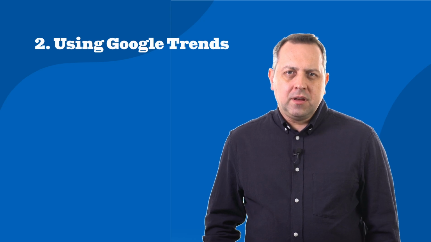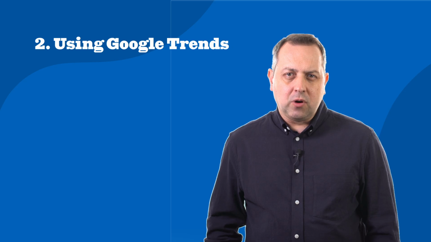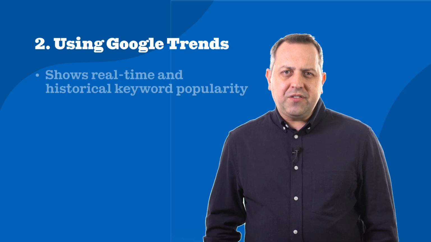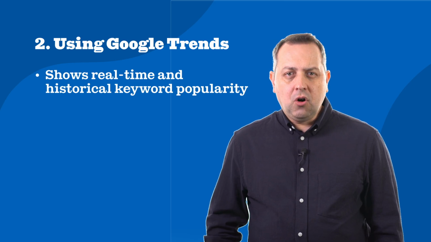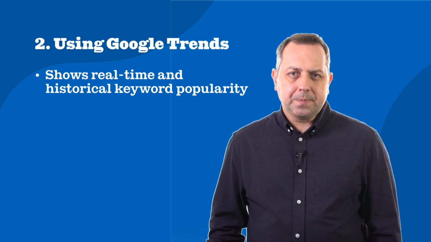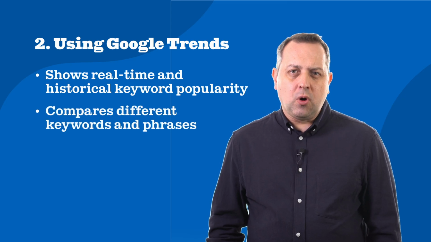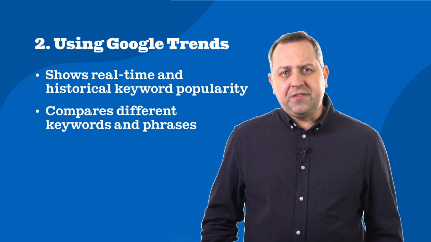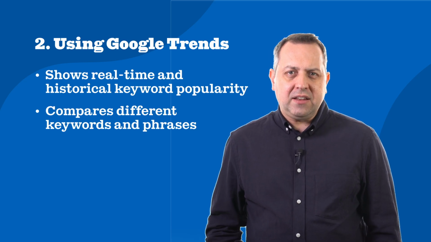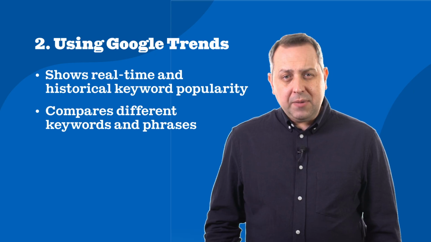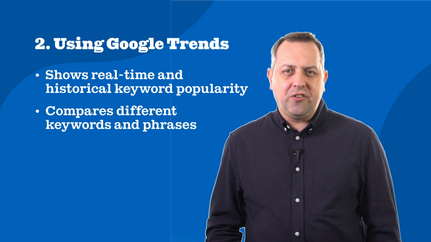Google Trends provides another simple, effective, and free way of doing keyword research. It's great for seeing what people are searching for right now, or historically over a previous period of time. The best way to use it is to compare different keywords and phrases. So if, for example, a physiotherapist is wondering what they should create more content about, it makes a lot of sense to base it on what people are actually searching for.